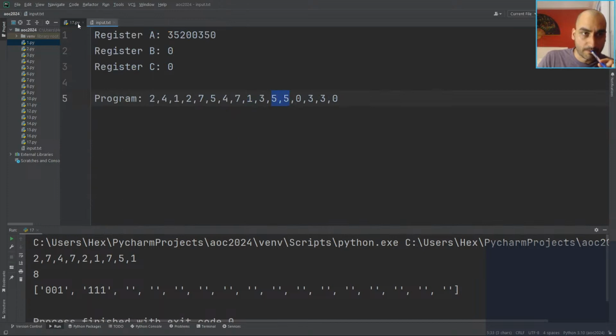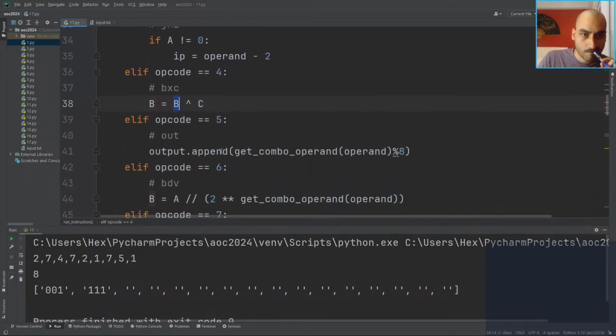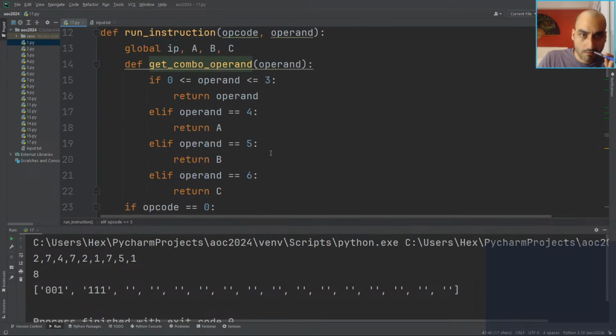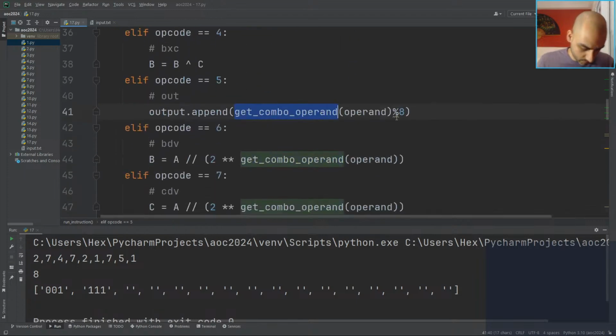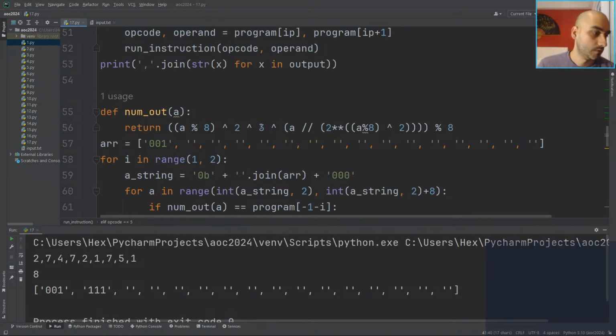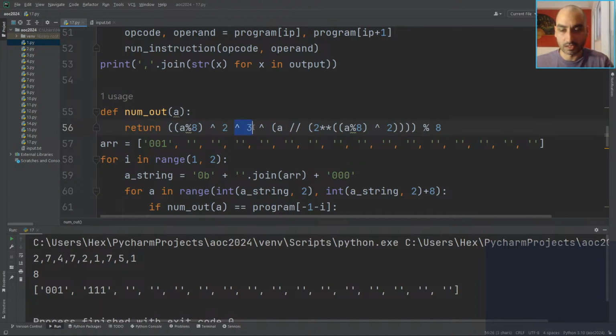And then 5, 5. So we take B modulo 8. So all of that modulo 8. Alright, does that match what I've written? Let me just write it in order because then I can check it easily.